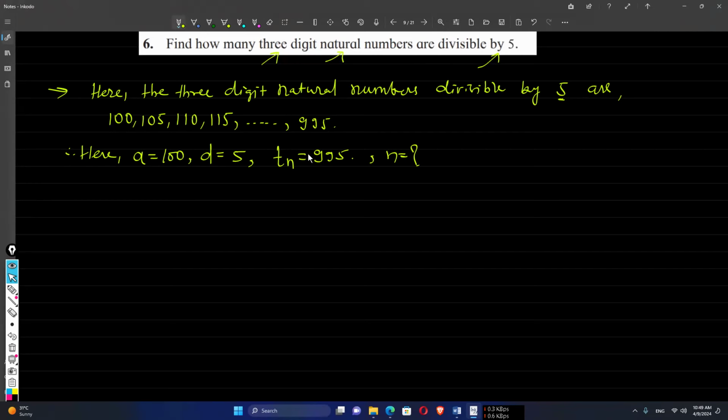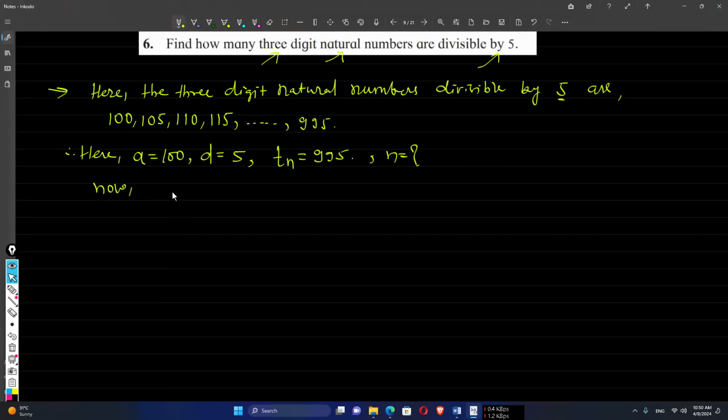Meaning the Tn formula is not just used to find a specific term in the AP. We can also find the number of terms in the AP if the last term, the first term and the common difference are given. So the Tn formula can be used for several purposes in problems based on arithmetic progression. Okay.